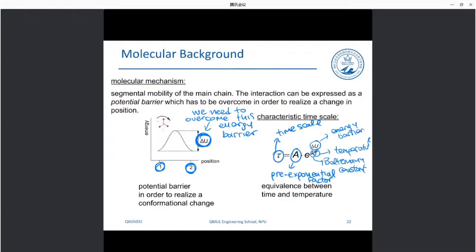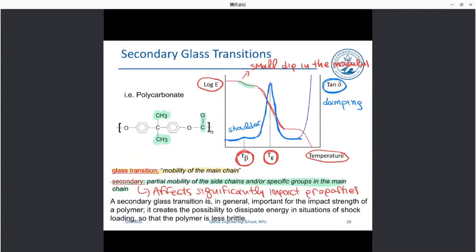And you saw already how mild the beta transition is compared to the glass transition here, and how weak this peak is compared to the main glass transition. So imagine if tau beta is already very weak, tau gamma is almost impossible to observe, okay?